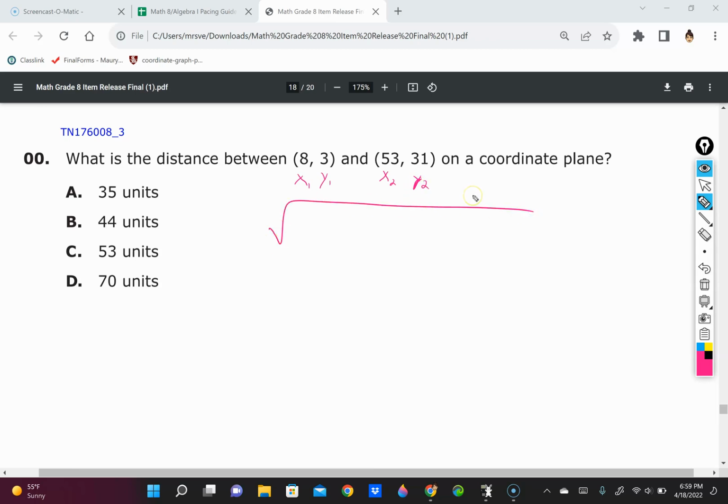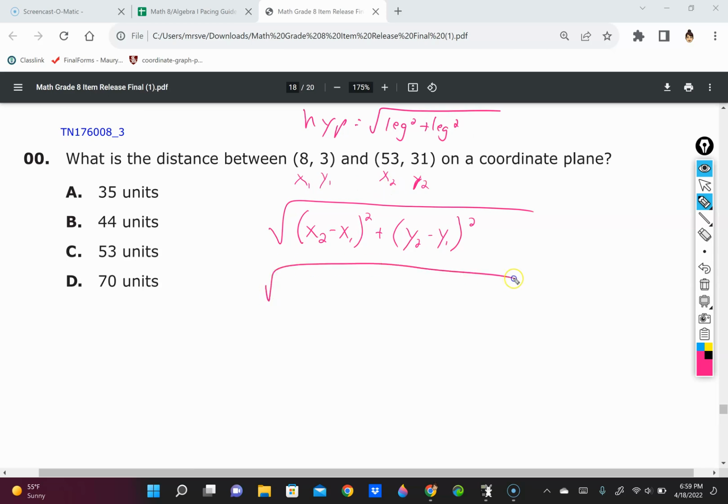The distance formula is based off your Pythagorean theorem, which is the square root of your second x minus your first x, so you're just taking the difference of your x's, raising it to the second power, plus the second y minus your first y to the second power. Very similar to the hypotenuse being the square root of the leg to the second power plus the leg to the second power. So to get those leg measurements, we have to take the difference of your x's.